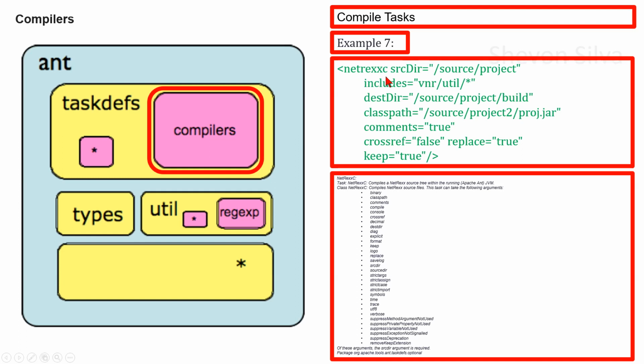compiles NetRexx source files. This task can take the following arguments: binary, class path, comments, compile, console, crossref, decimal, dest dir, diag, explicit, format, keep, logo, replace, save log, src dir, source dir, strict args, strict assign, strict case, strict import, symbols, time, trace, UTF-8, verbose, suppress method argument not used, suppress private property not used, suppress variable not used, suppress exception not signaled, suppress deprecation, remove keep extension.